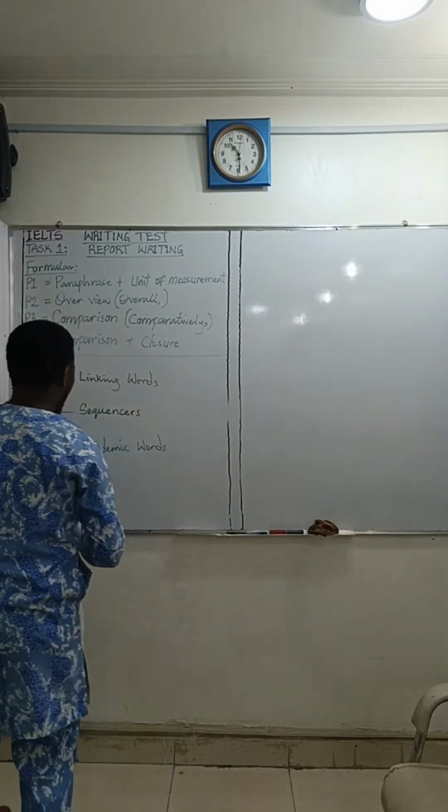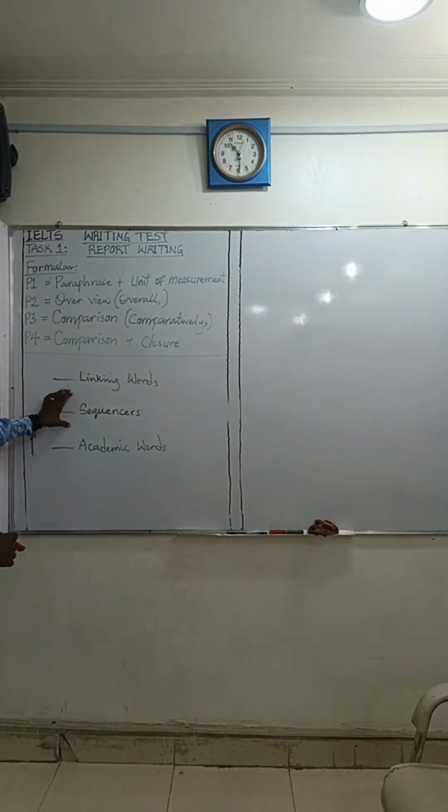Right. So on sequencers, as you write your report, as you develop your report, you're expected to arrange your ideas in sequence. And this sequence would come in the various paragraphs.